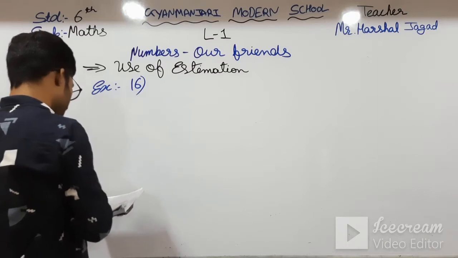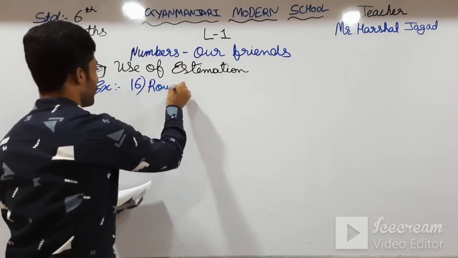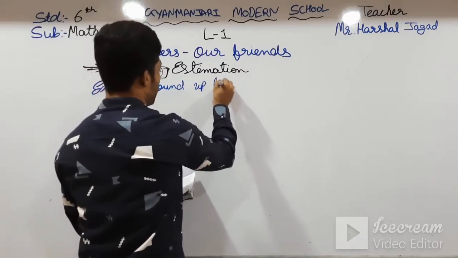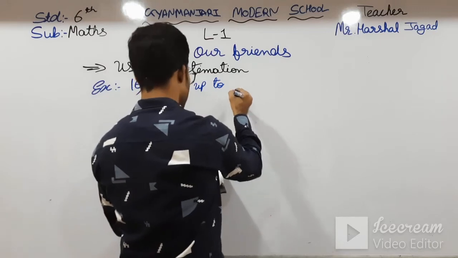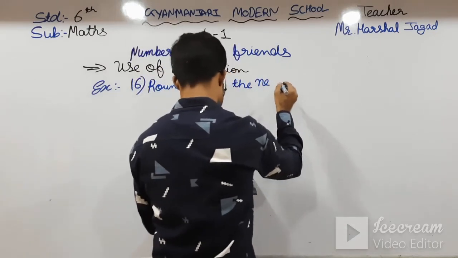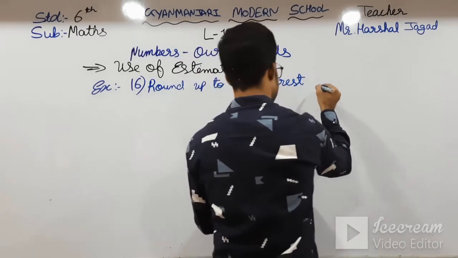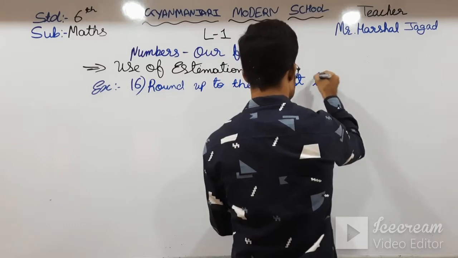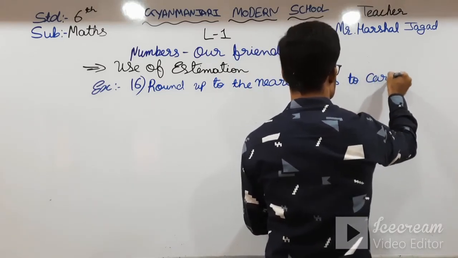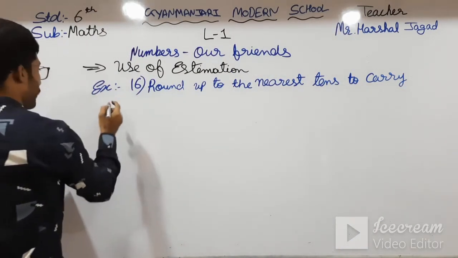Example 16. Round up to the nearest tens to carry out the operation.